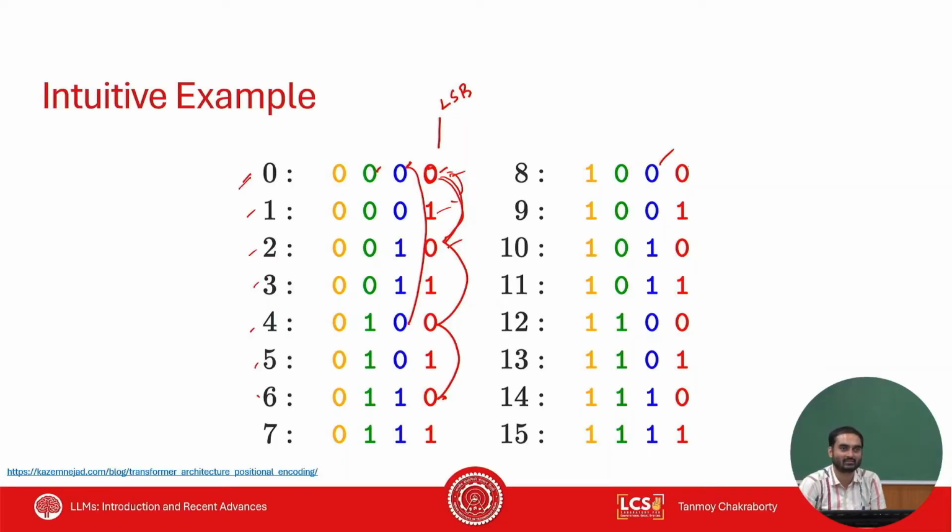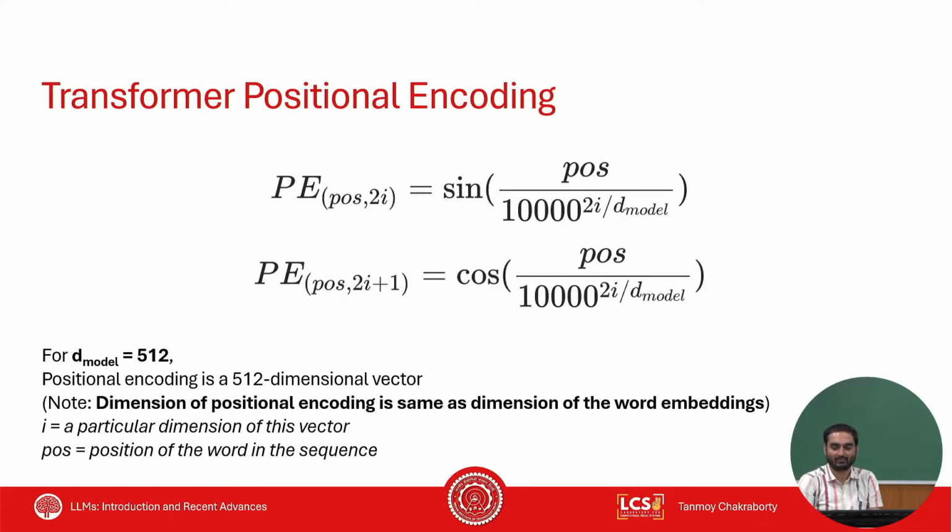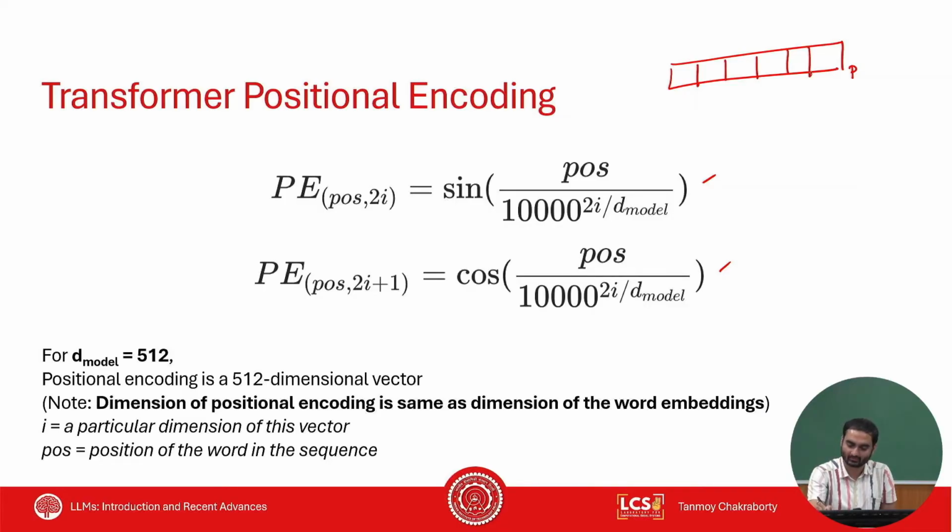And we know what's the best way of capturing periodic signal. We use sinusoidal representation. Don't be afraid by this formula, I'll explain. So this is the positional embedding formula that was proposed in the transformer model. If this is the position vector and there are elements in this vector, these are different elements, first element, second element, and these elements are denoted by i.